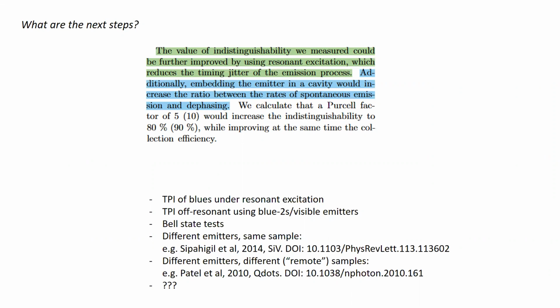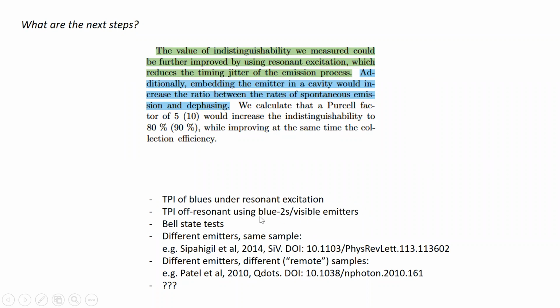Okay, so then finally they offer some comments on what to do next. They talk about the visibility possibly increasing using resonant excitation, and then they talk about putting in cavities. Other things that I thought of: doing resonant excitation, also doing it for the blue emitters or the visible emitters in hBN.